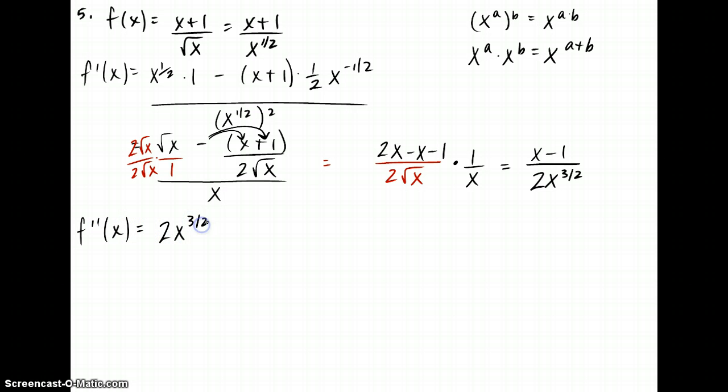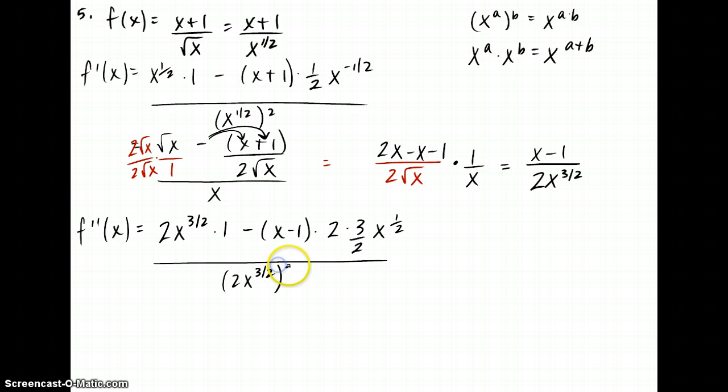Bottom function times the derivative of the top minus top function times the derivative of the bottom. So using the power rule, this is nice because it's not a negative exponent. 3/2 minus 1 would give us 1/2, all over bottom squared.